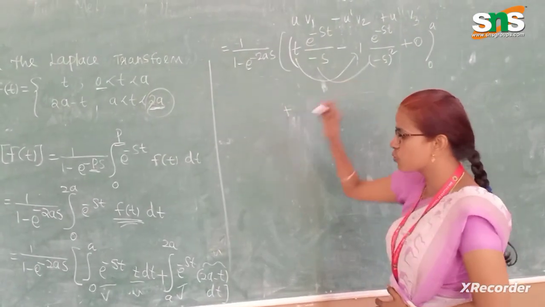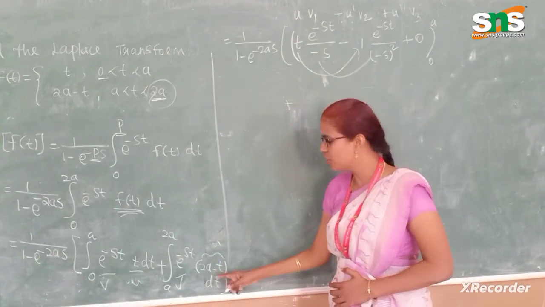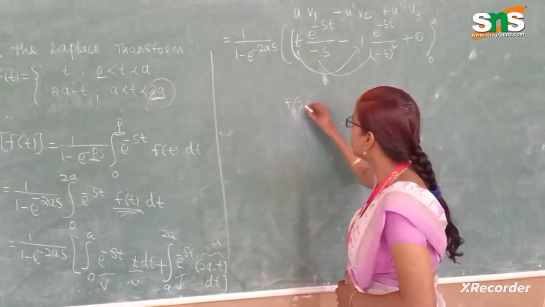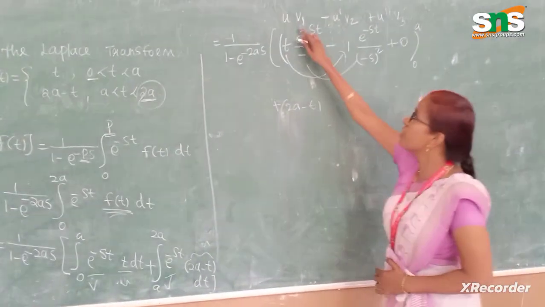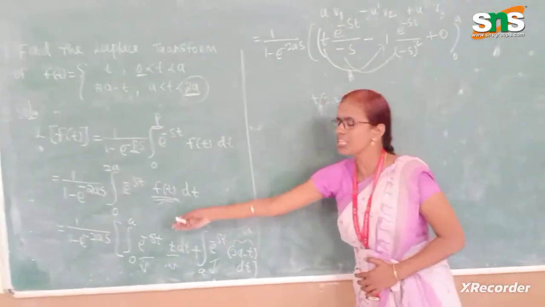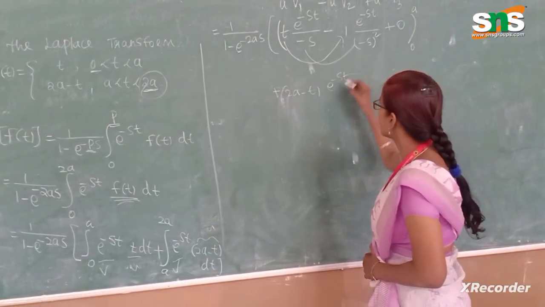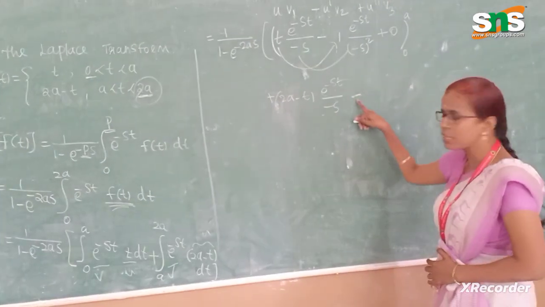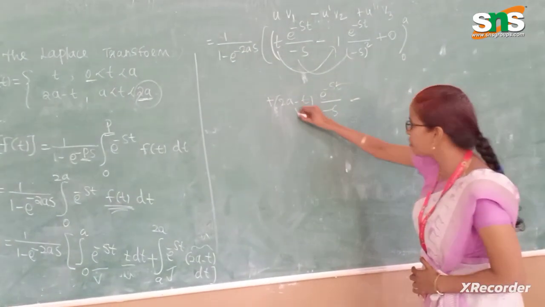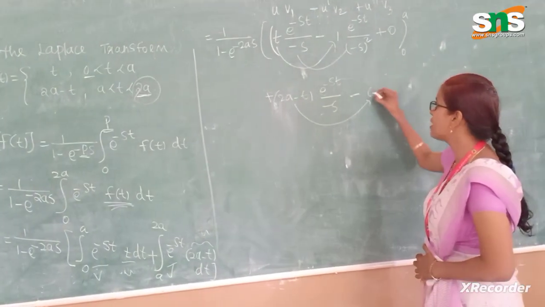Now the next integration. For this case u is 2a minus t, with the same Bernoulli formula, and v1 is the same term, since v is the same for both cases. So we write e power minus st by minus s, and then minus, in the formula, u dash, which is the differentiation of this term, minus 1.